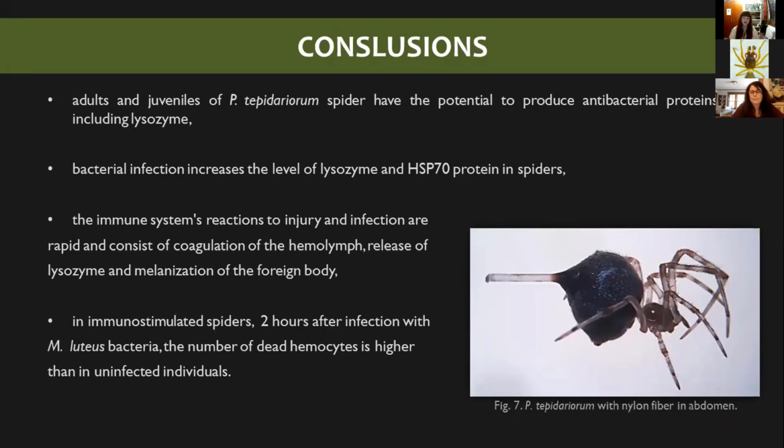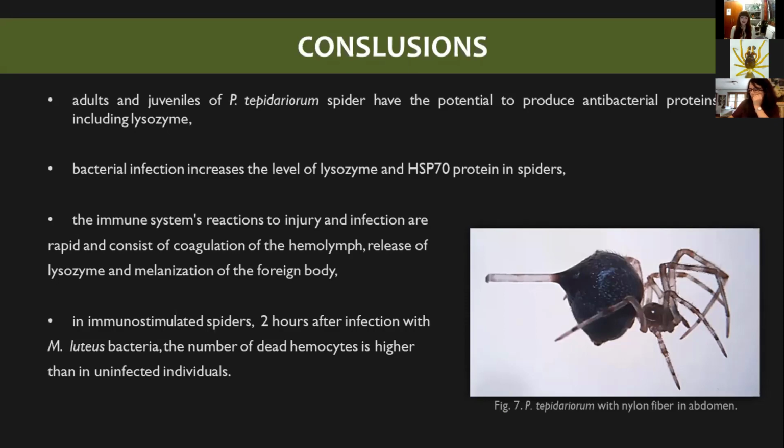We are processing those tests, but it's very promising, and we can conclude that, of course, adults and juveniles of Parasteatoda tepidariorum have got the potential to produce antibacterial proteins, and the bacterial infection increases the level of lysozyme and HSP70 protein, so it causes stress in our spiders. It's obvious, but we have got proof of that.